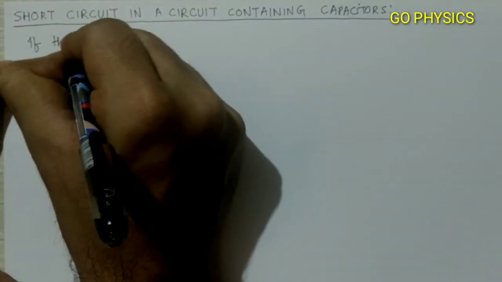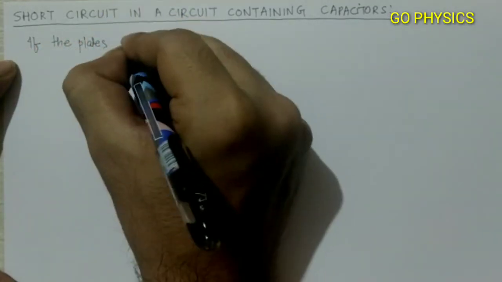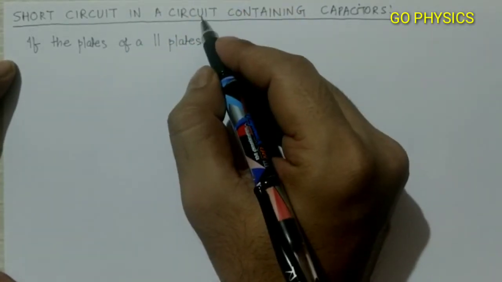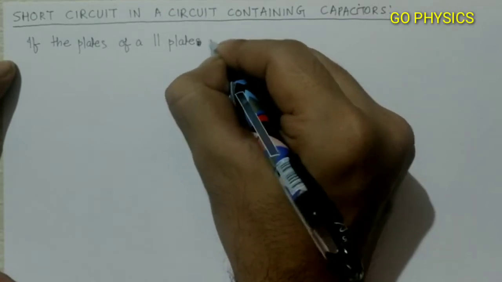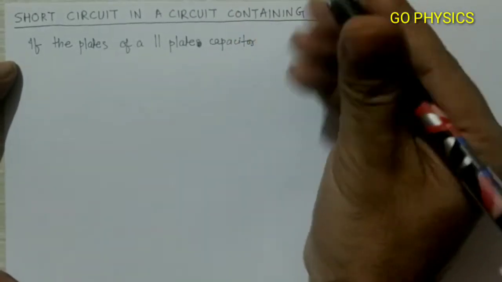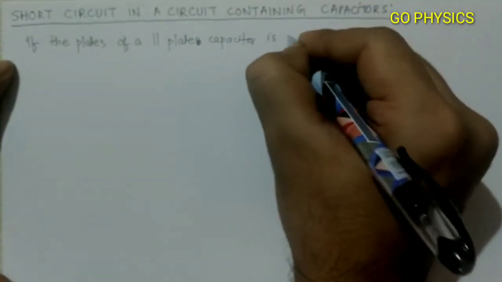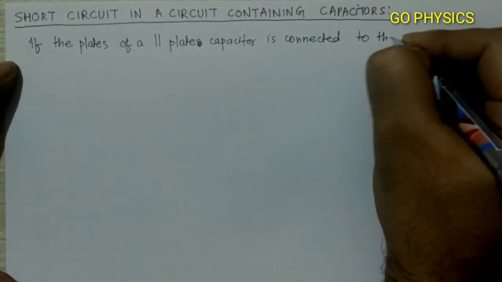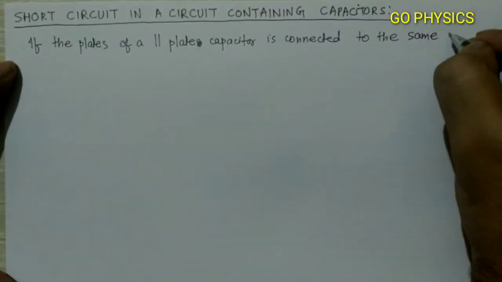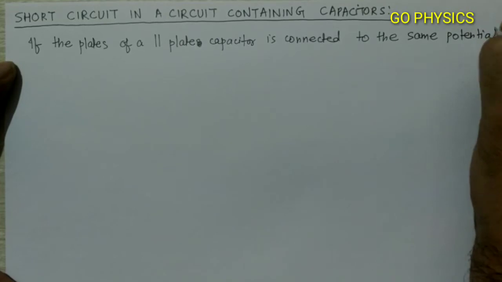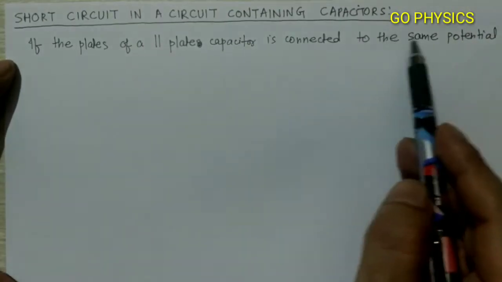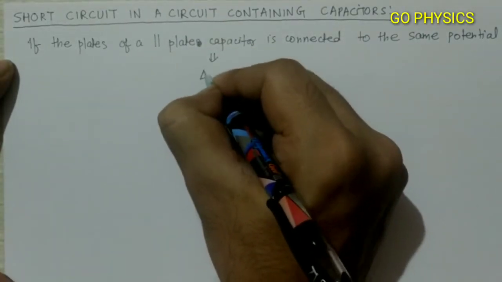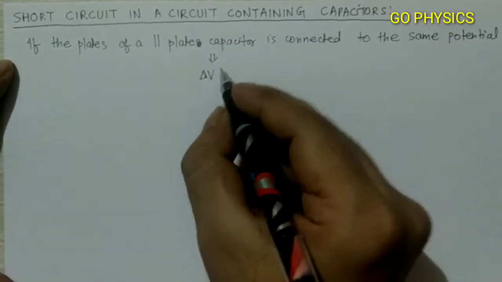So we can see that if the plates of a parallel plate capacitor are connected to the same potential, and this situation exists in the circuit, it means that the potential difference across that capacitor will be equal to 0.